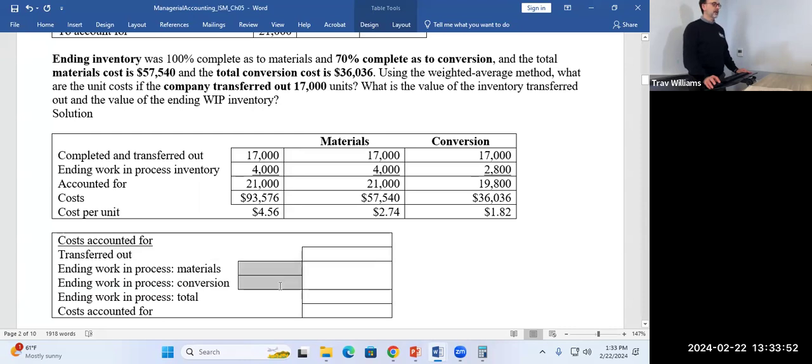You'll add these two together to get your total work in process cost, which you'll then add to the transferred out to get your total costs. And if you do it right, the cost accounted for should be the same as these total costs. Okay, that's your mission, should you choose to accept it.